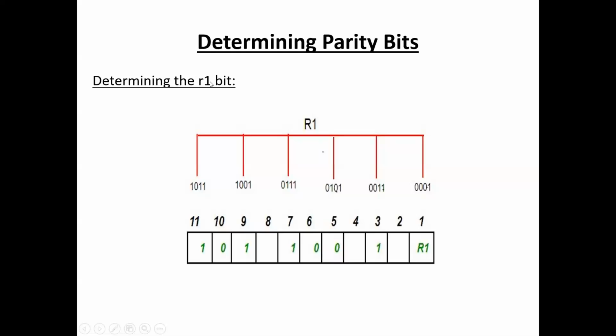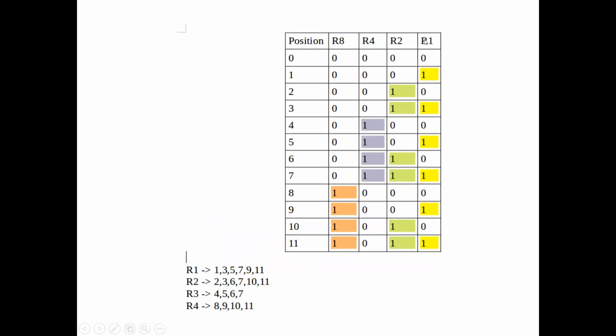Determining the R1 bit. This R1 bit is calculated using parity check at all bit positions whose binary representation includes 1 in the least significant bit position.